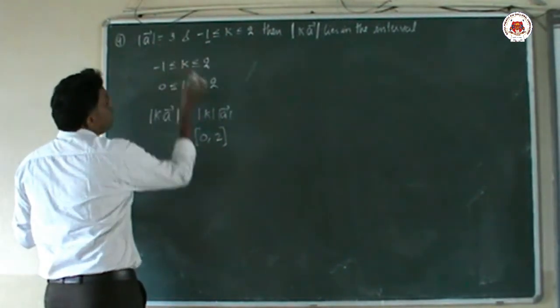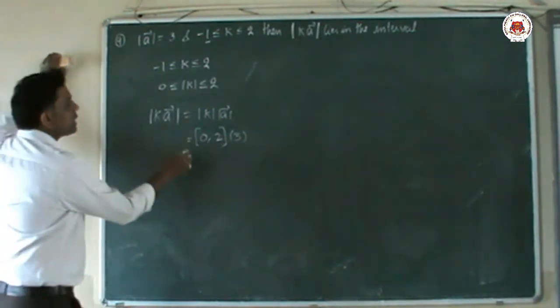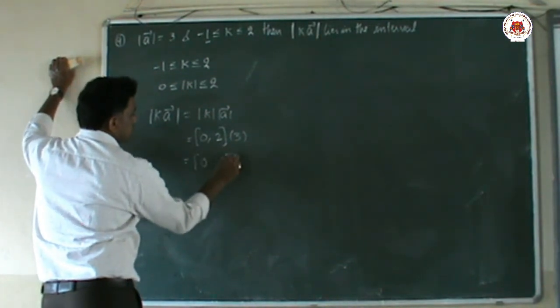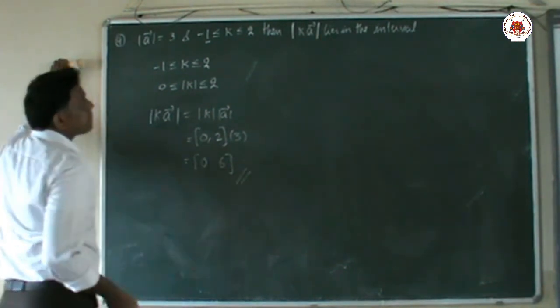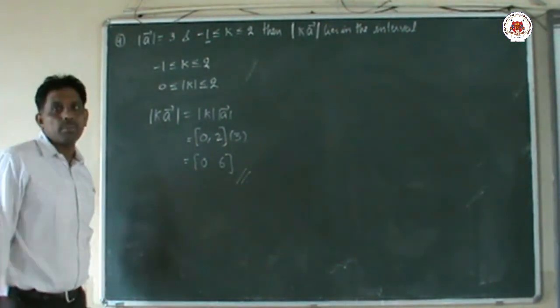And mod A value is already given, which is nothing but 3. If you multiply, 0 into 3 is 0, 2 threes are 6. So in which interval does it lie? It lies in the interval of 0, 6.